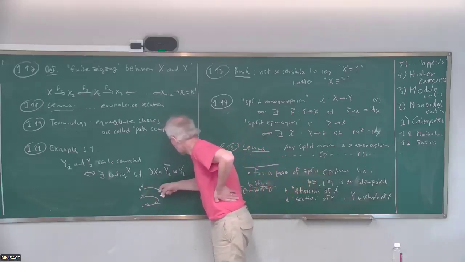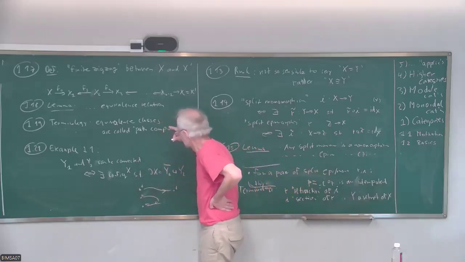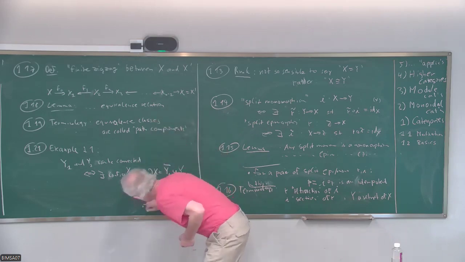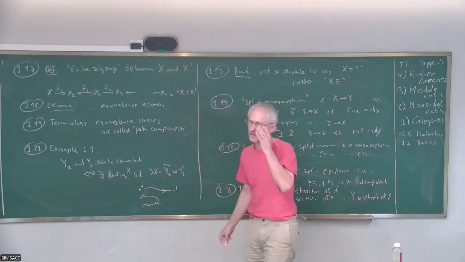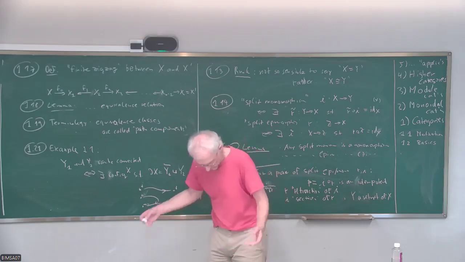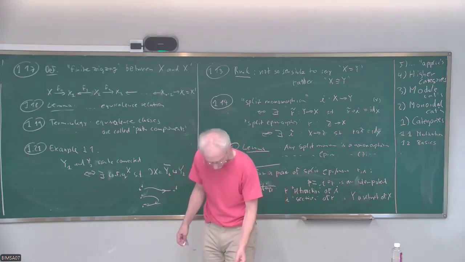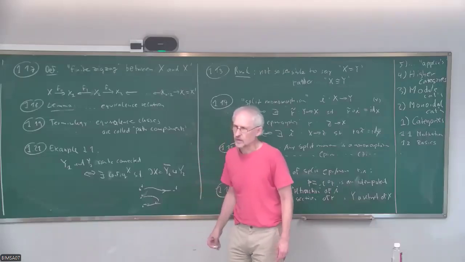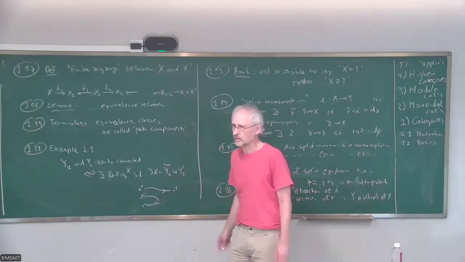So this zero-manifold and this zero-manifold are in the same path component. And then as an exercise, you can convince yourself that the set of path components here is isomorphic to the group of integers.